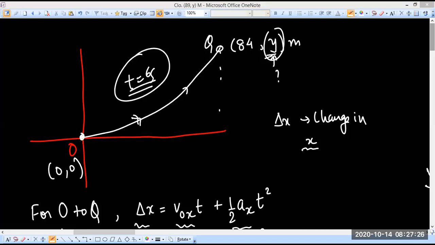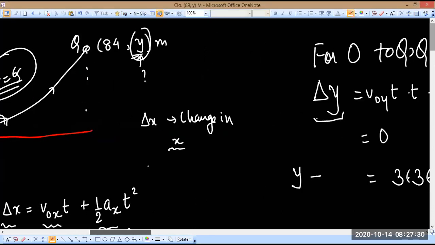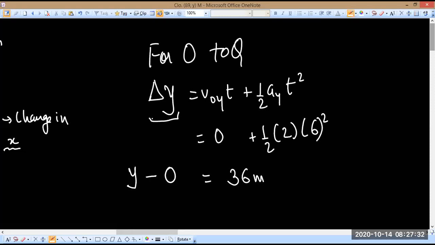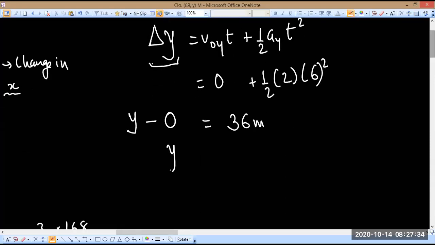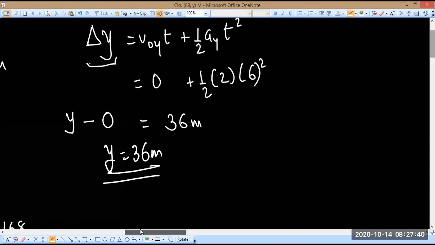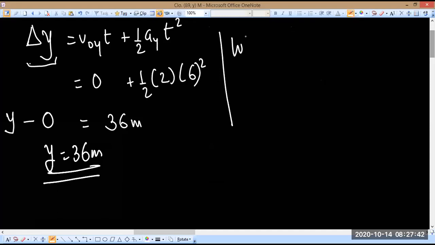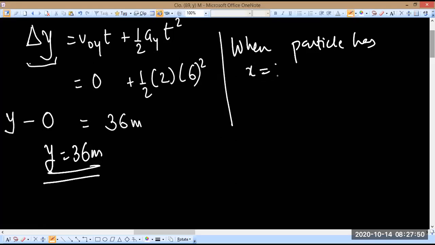Yes, it is 0 because it is given that the particle starts at origin. So that's your final answer, right? So you could just put that in one final sentence. When particle has x equal to 84, y is equal to 36 meter.